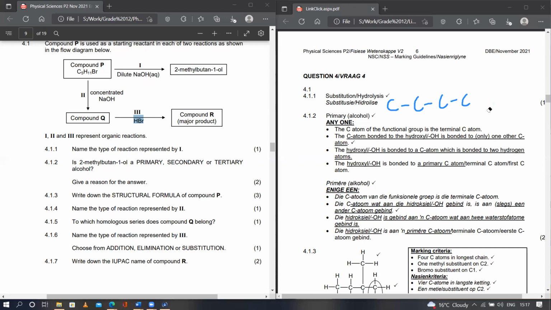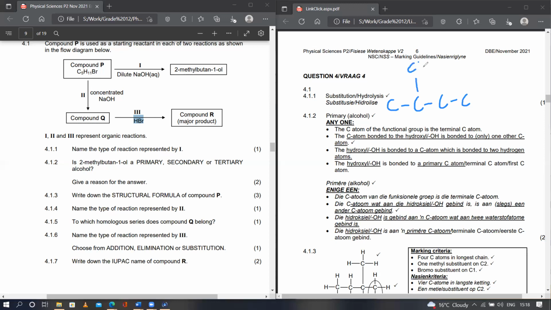So since you know that this has 1 methyl group, and that methyl group is on carbon number 2, so you're gonna have this here.